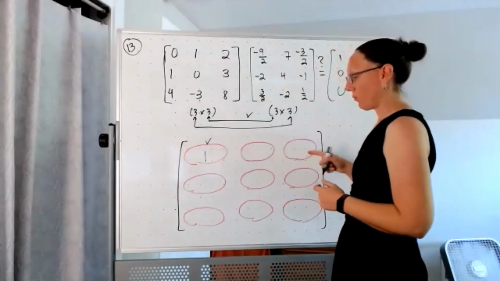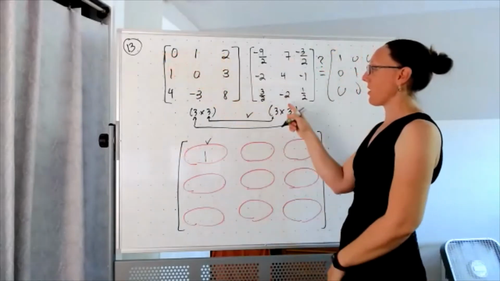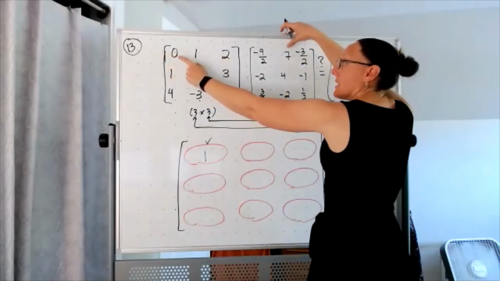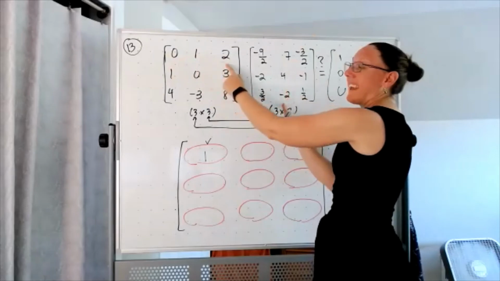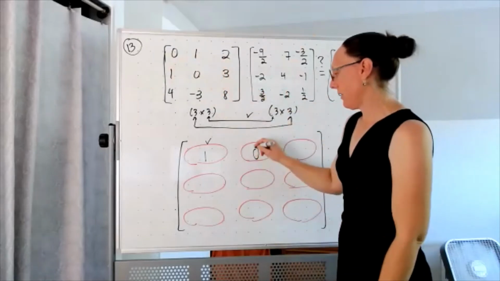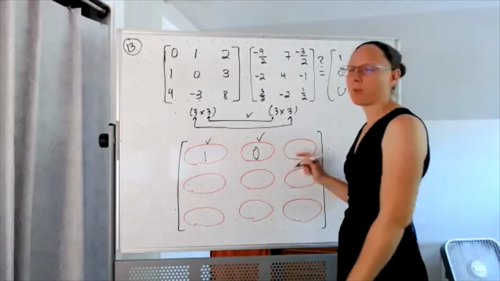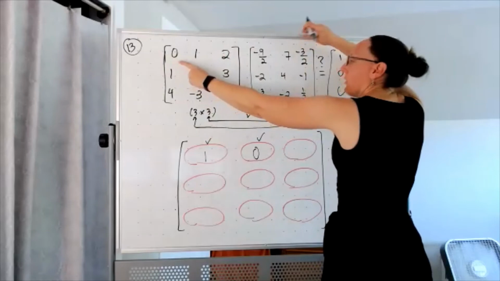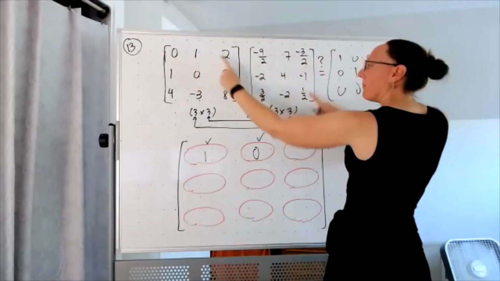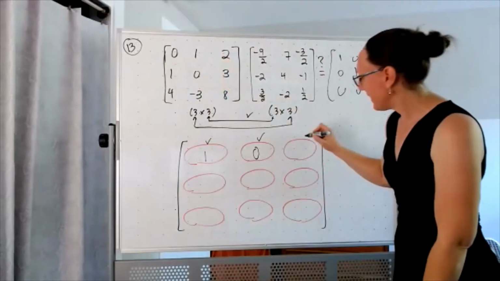This is in row 1, column 2. So I'm taking row 1 times column 2. 0, +4 plus a -4. So far, so good. This is in row 1, column 3. I've got 0, -1, and 2 times 1/2 gives me +1. That is 0.